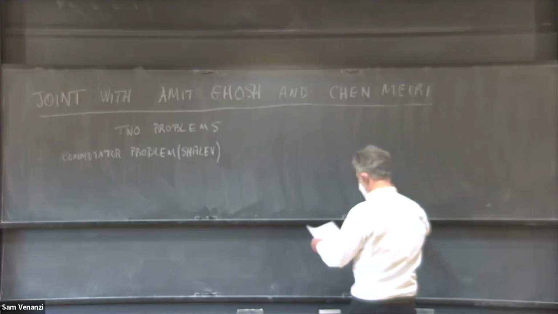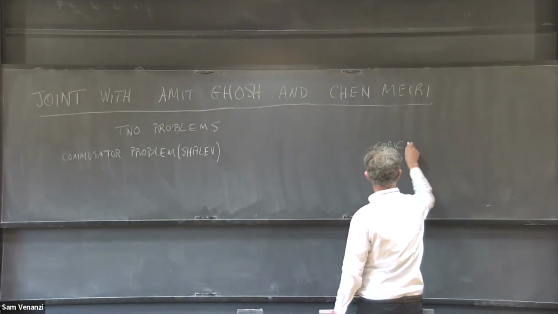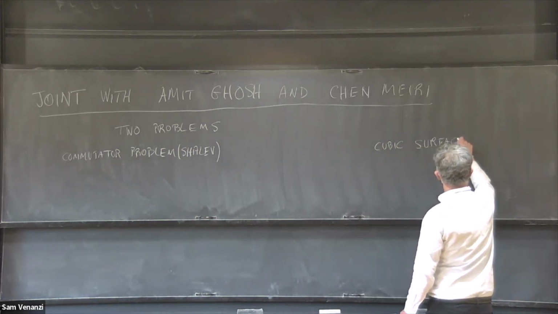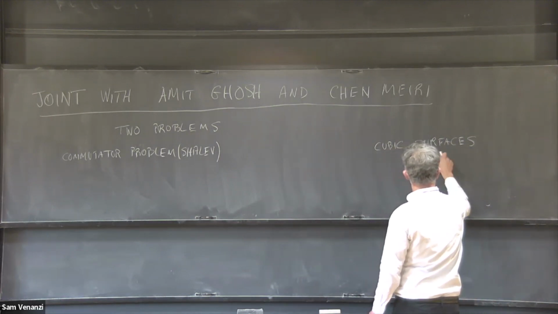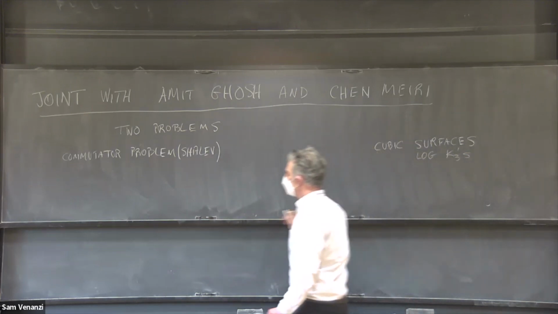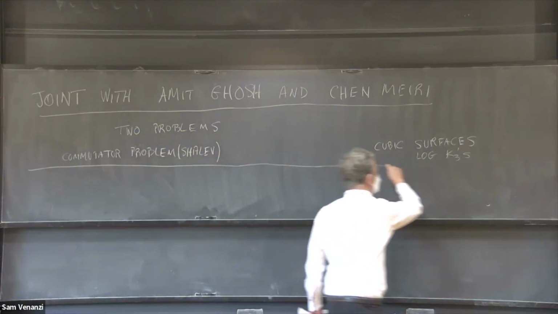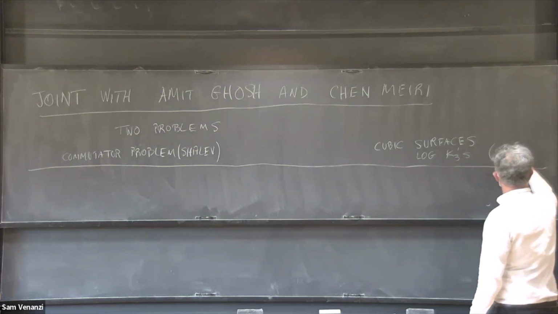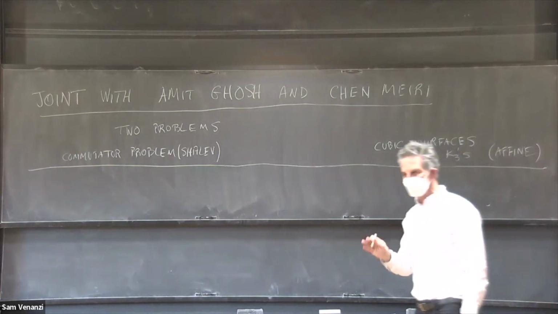And here, an ancient problem of cubic surfaces, which are log K3s. What the word log K3 means is, when you classify surfaces over the complex numbers, these are going to be affine. We'll always be looking at integer points, like with Markoff; everything will be affine.